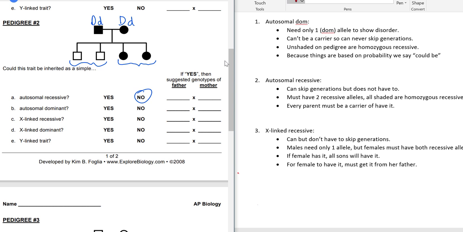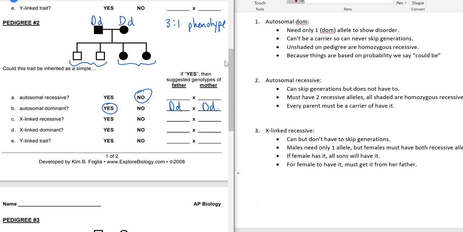And again, we could look at the Punnett square that would give the 3-to-1 ratio of the phenotypes. And so with a heterozygous cross, we know that you end up with a 3-to-1 phenotypic ratio, which means there's the potential to have individuals with the disease and individuals without the disease. So absolutely possible to be autosomal dominant, and mom and dad are both heterozygous.